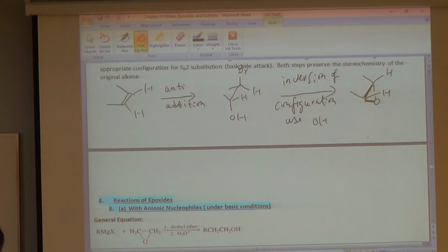Right? So now if you have the trans, if we start with trans, we still have a double bond. Now the trans, let's see, I will put this methyl here, and then this is here. Then I have the methyl on the other side. Okay.